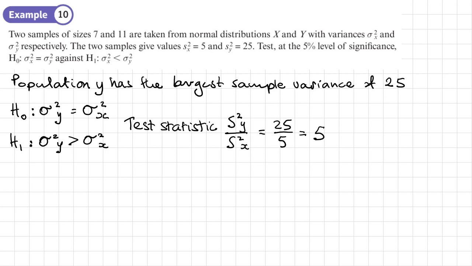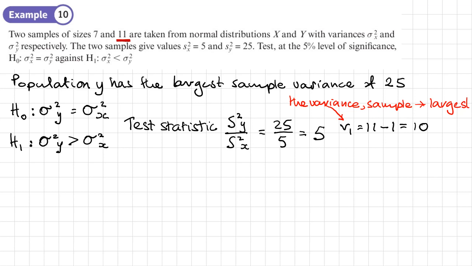So that's going to be Y, so that's going to be the 11, isn't it? That's the one that comes first, that's got the largest sample variance. So nu 1 is equal to 11 minus 1. It's important we get this the right way around. That one came from the sample variance that was the largest.